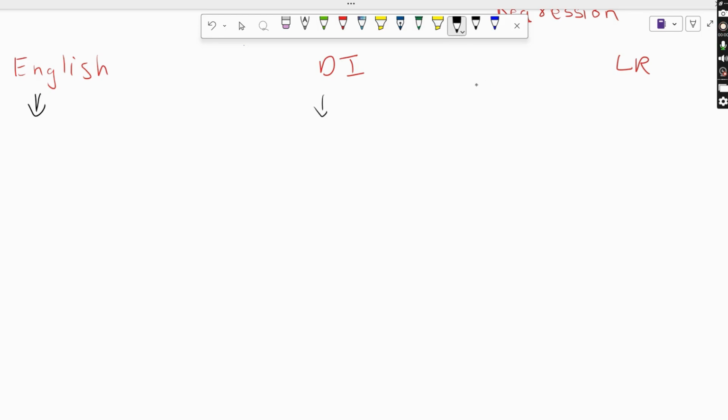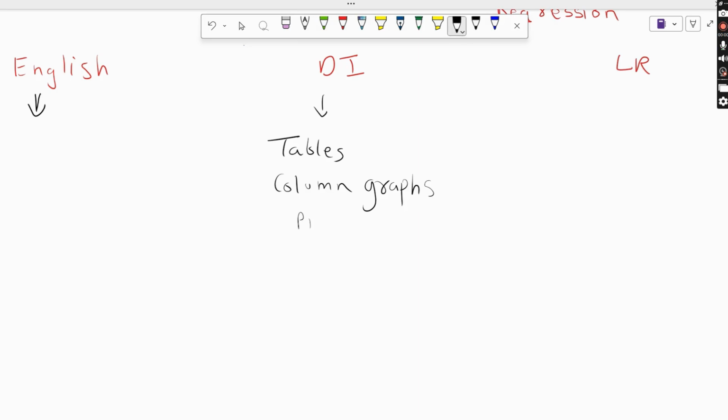So the DI part contains tables, column graphs, and all that kind of graphs, bar graphs, line charts.